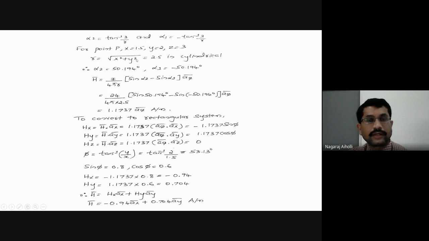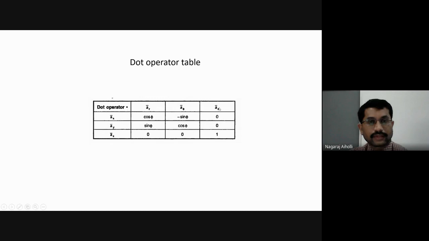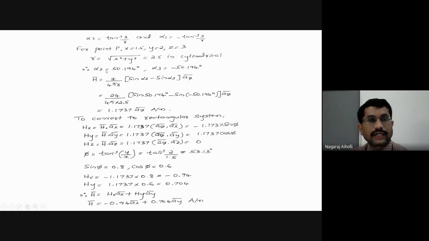For point P, the coordinates given are x equal to 1.5, y equal to 2, and z equal to 3, in Cartesian. In the cylindrical system these are r, phi, and z. r is given by the square root of x square plus y square. We have studied this conversion in module 1.